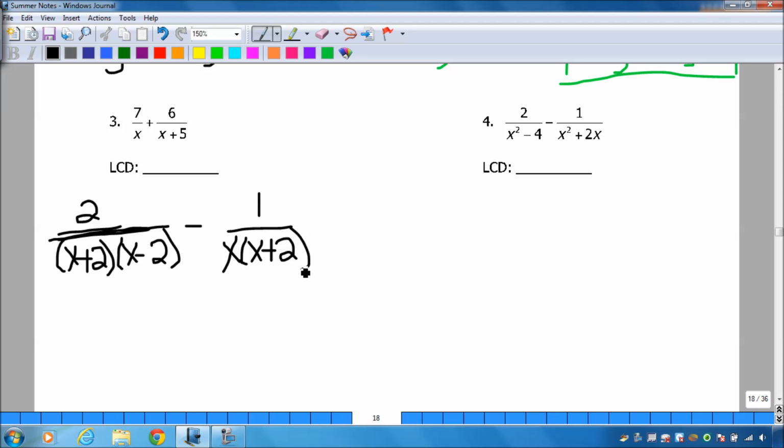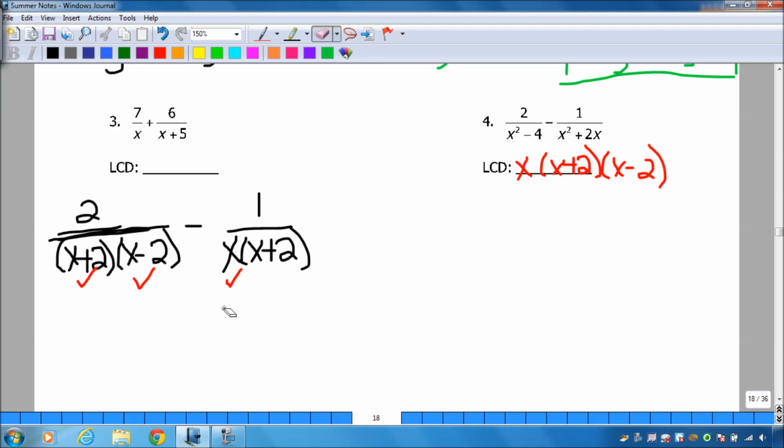Okay, now it's so much easier to find the LCD once you have those denominators factored. So the first factor that we're going to include in our denominator is x plus 2. Okay, the second factor is x minus 2. Remember, your LCD wants to include everyone. Your third factor is x. All right. And then I already have x plus 2 in my LCD, so I don't need to include that anymore.